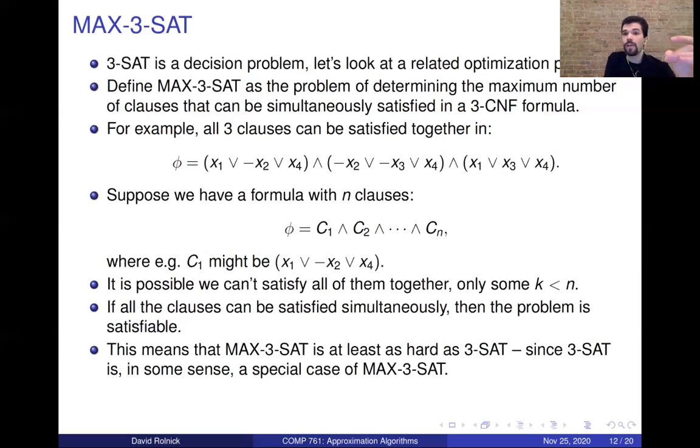If we can't satisfy all of the clauses, then we know that the answer to 3SAT is no. So again, we have an optimization problem which is at least as hard as 3SAT. Questions about this?